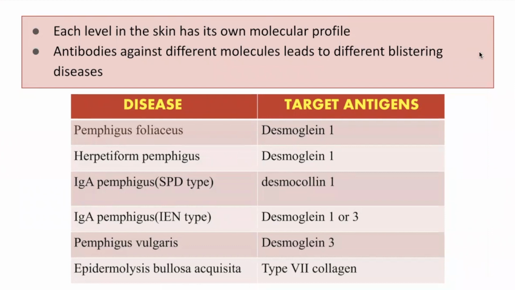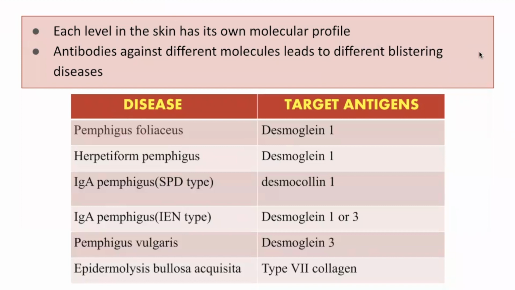Desmoglein 1 is one of the molecular proteins at the intraepidermal level. Other pemphigus disorders also target proteins at the intraepidermal level, and these include herpetiform pemphigus, which targets desmoglein 1, and IgA pemphigus, which targets desmocollin, as well as desmoglein 1 or 3.